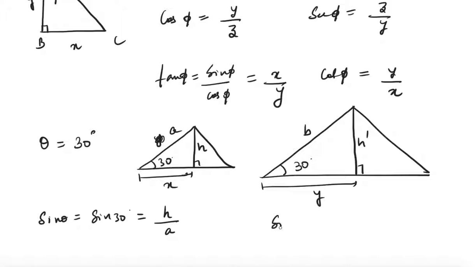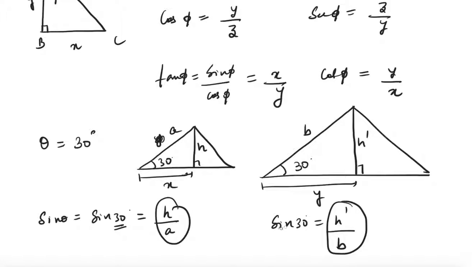And in this case also, sine 30 is equal to h dash by b, perpendicular by hypotenuse. So always remember that if the angle is constant, this value will always remain constant. That is, for a fixed angle, the value of the trigonometric ratio always remains constant irrespective of the triangle.